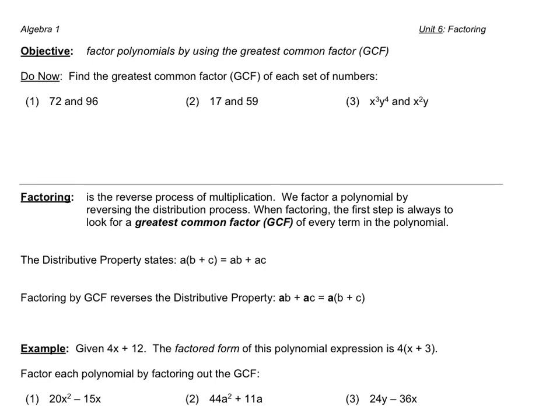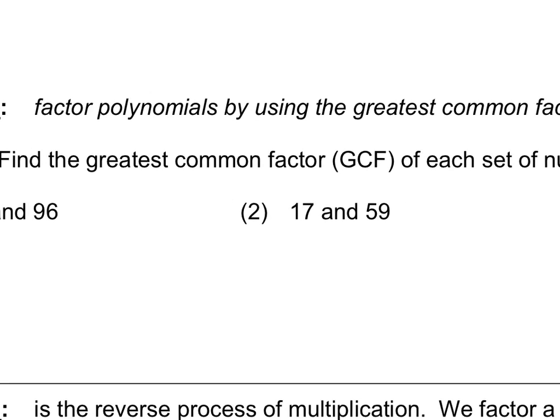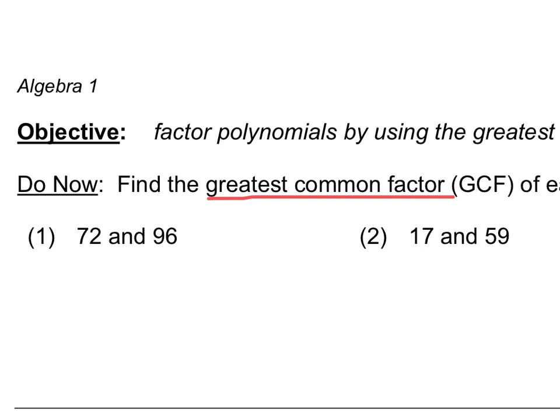So you can look at number one and say, okay, greatest common factor, I could easily figure that out. You're just looking for the largest number that could be divided evenly into the two given numbers. I'll just make a note of that. Largest number that could be divided evenly into the two given numbers.